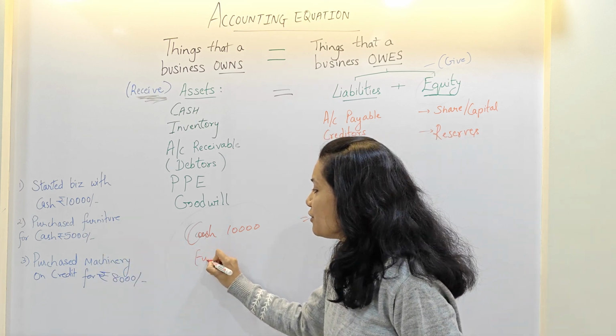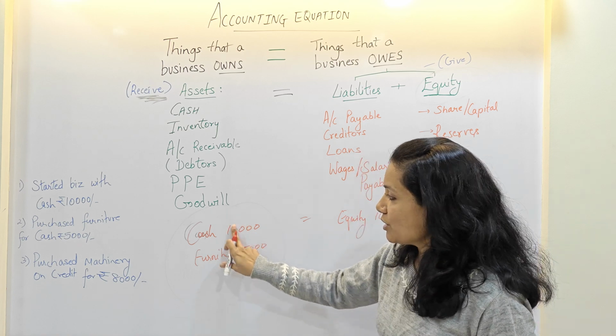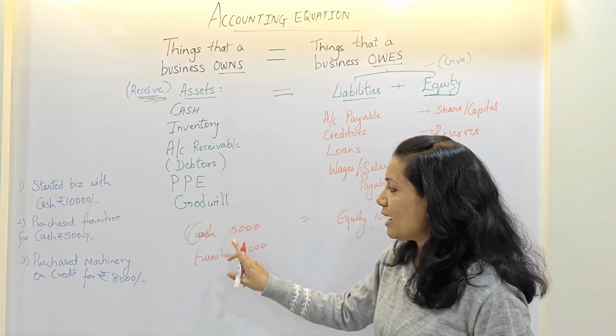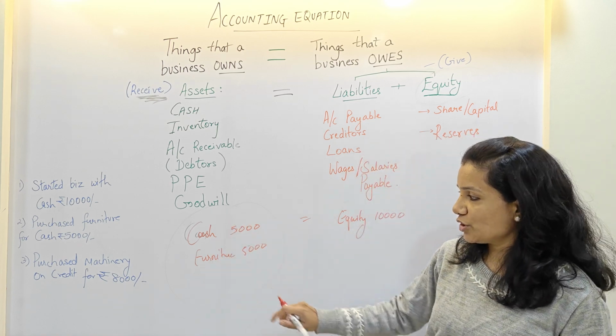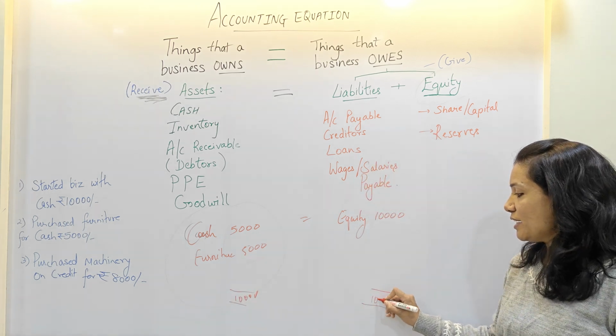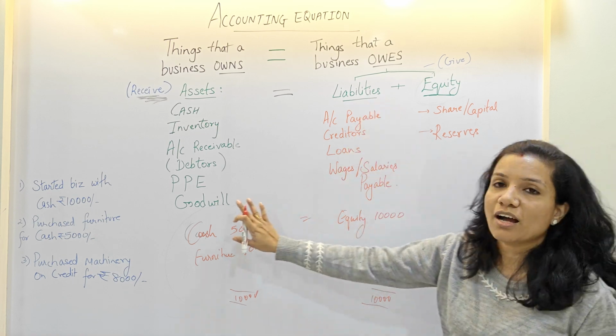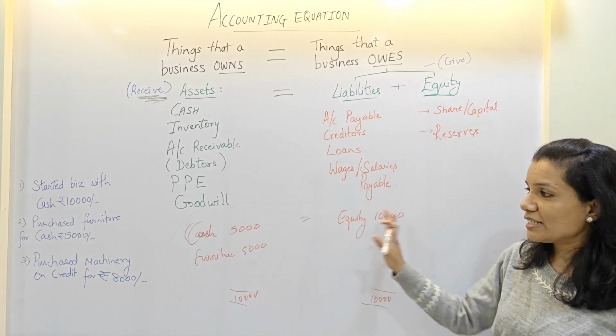So when I purchase furniture of 5,000 out of this 10,000, the cash becomes 5,000 and with the remaining 5,000 I purchase the furniture. Now the total is 10,000, and this side is not getting affected, so the total is 10,000. Is the equation tallying? Yes. Owns and owes is equal.